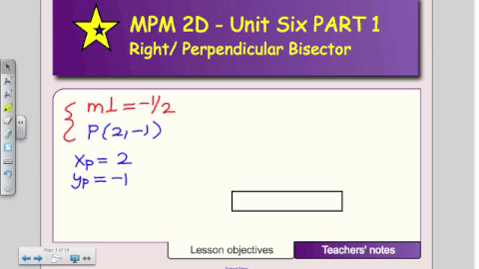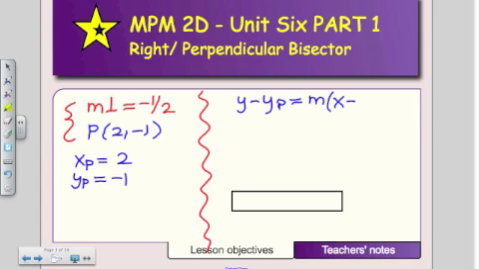And I'm going to substitute it into the equation. Sorry, there's a little change to the equation: y minus yp is going to be equal to my slope times (x minus xp).